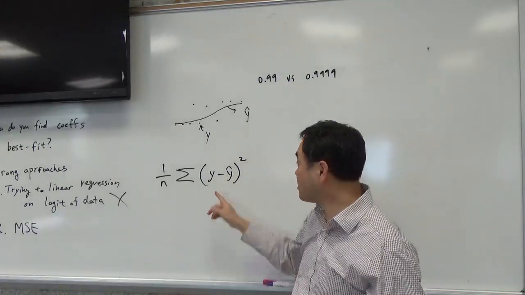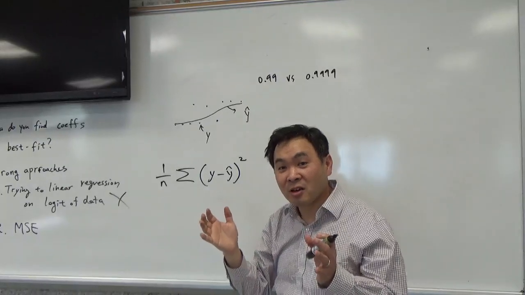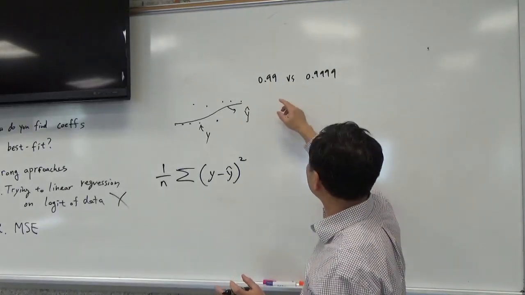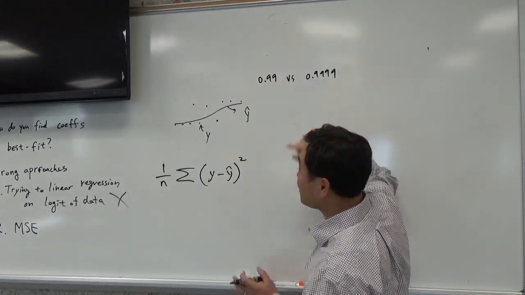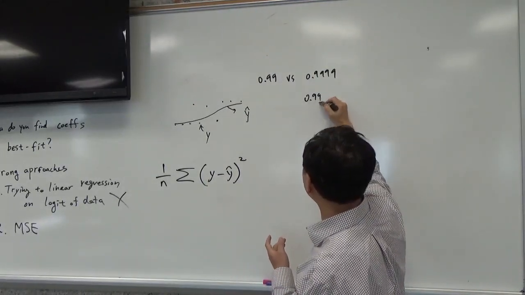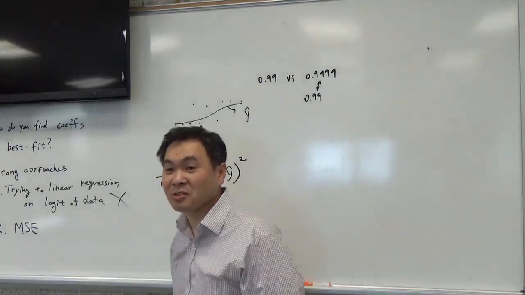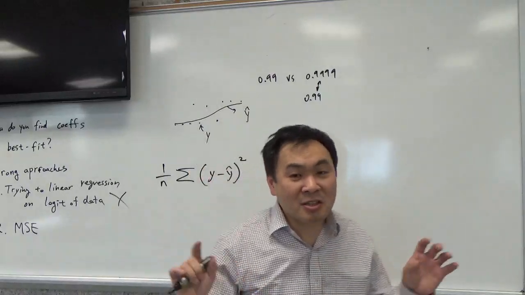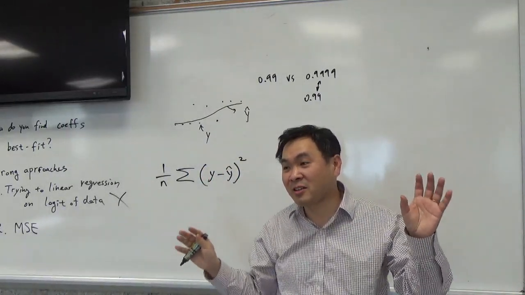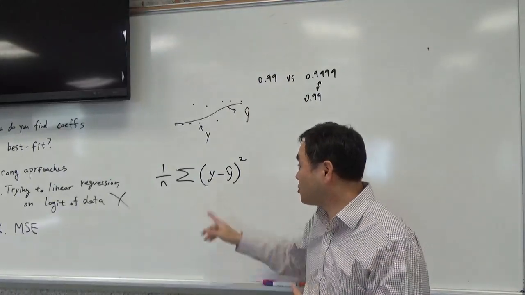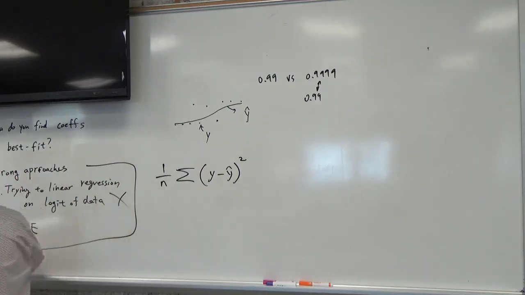Because it's simply taking the face values and you're subtracting and taking the squared. Like if what you need to approximate is 0.9999, and you get something like 0.99 as your prediction, you think that these are very close, but it's not. It's very different. So probabilities at the far ends of 0 and 1 are really important, and that is not being respected if you just simply use MSE. So these are the wrong approaches.